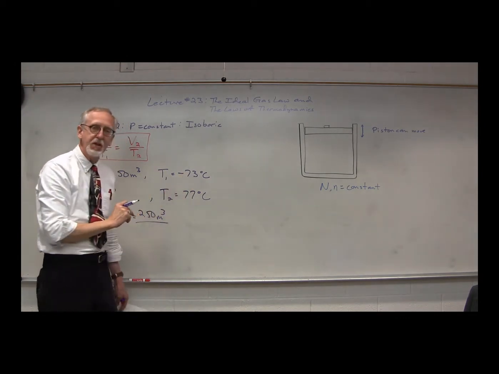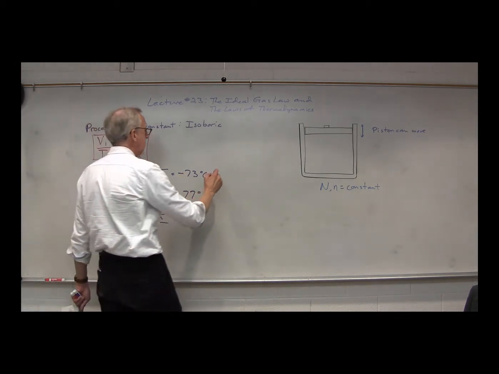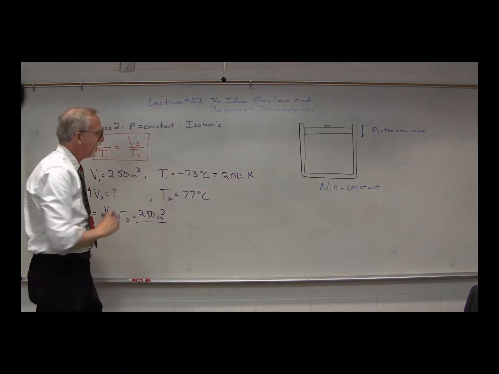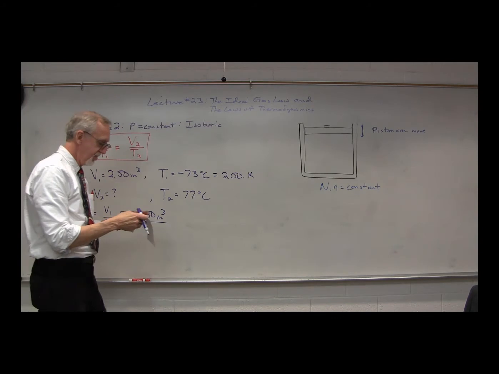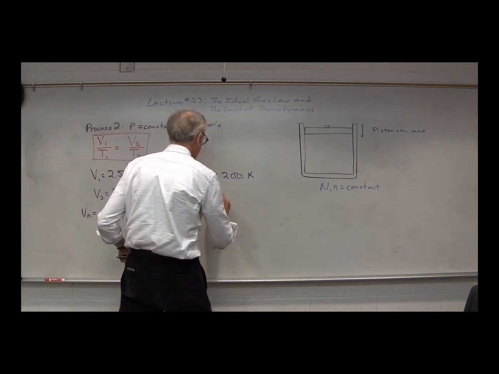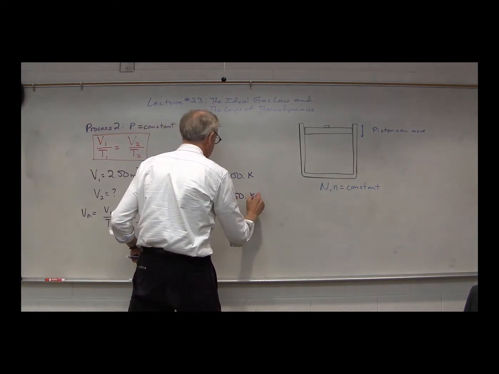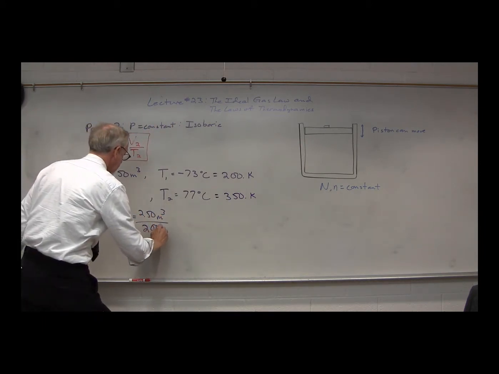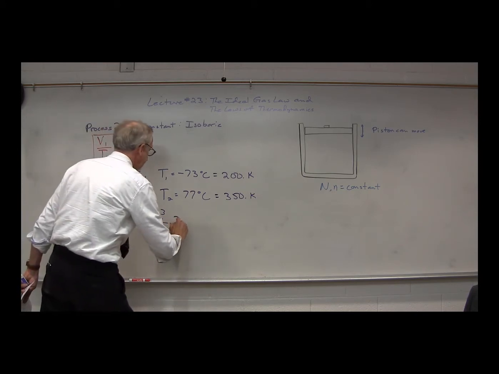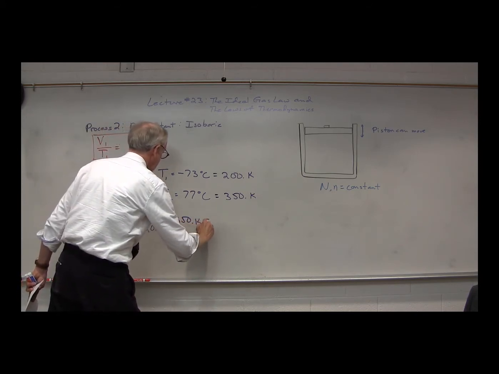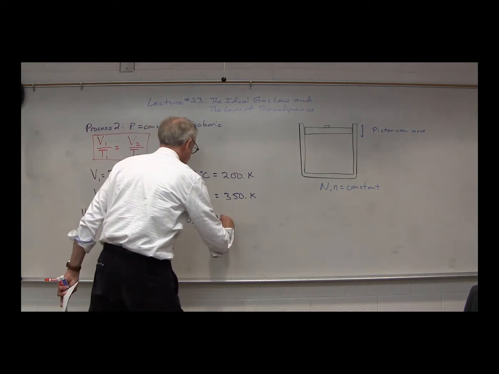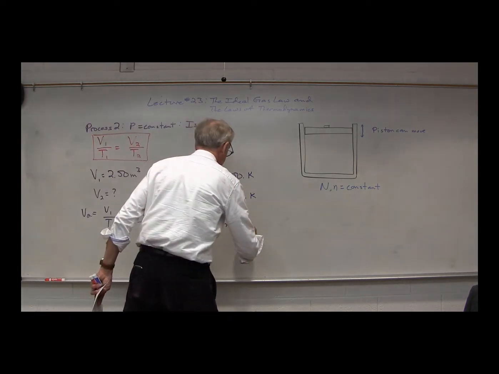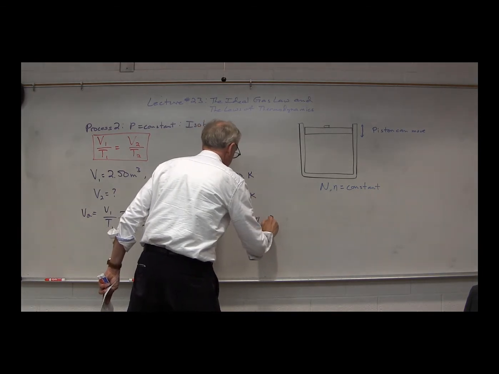So, negative 73 plus 273, that is 200 Kelvin. 77 plus 273, that is 350 Kelvin. So T1 is 200 Kelvin, T2 is 350 Kelvin. Multiply those out, and we find that V2 is equal to 4.38 cubic meters.